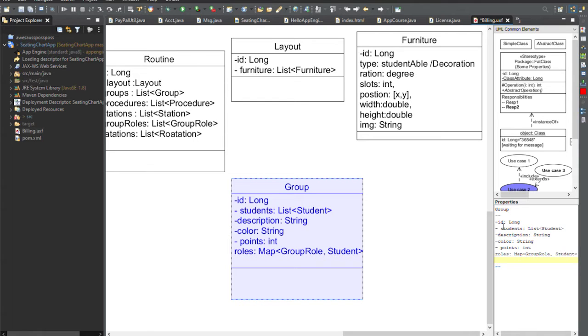Thinking about groups, what do I expect groups to do? Actually, one of those things is you want to justify, when you're creating the groups, how were they arranged?